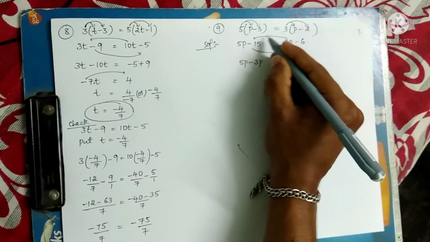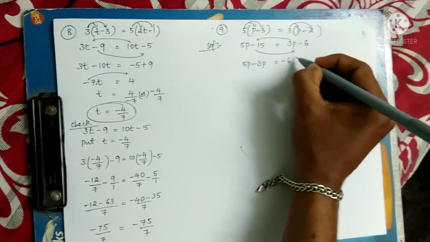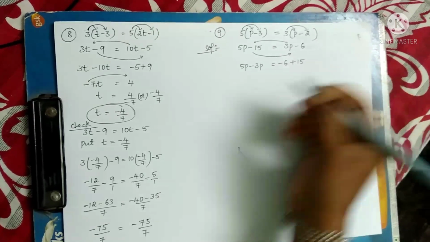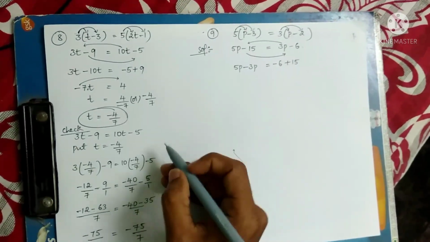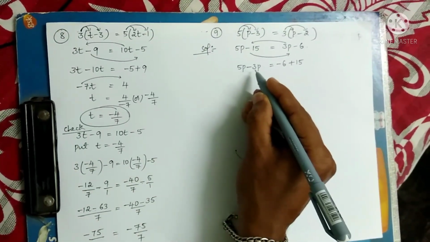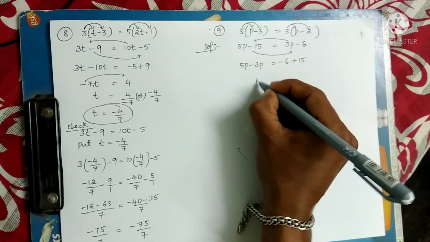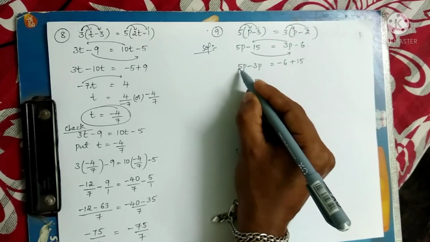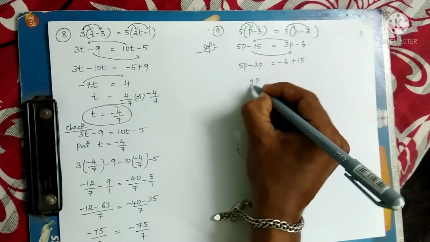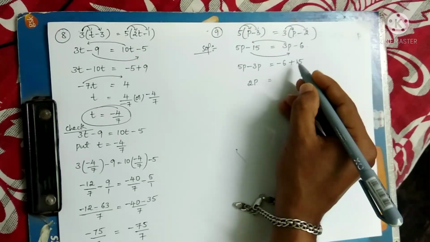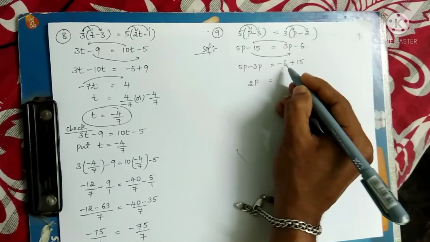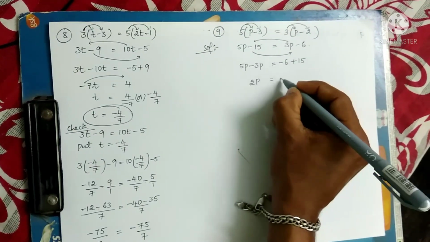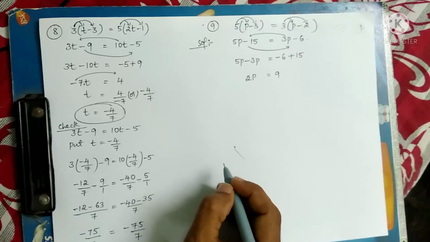And if I transpose minus 15 to the RHS, it becomes plus 15. Now here on the LHS the variables are the same, so write the variable p as it is, and subtract the constants. 5 minus 3 is 2, which is equal to plus 15 minus 6. 15 minus 6 is 9.